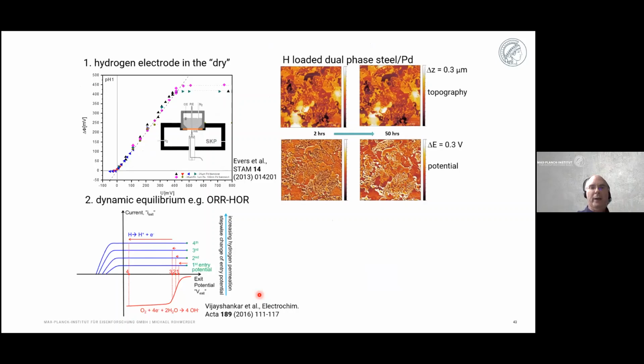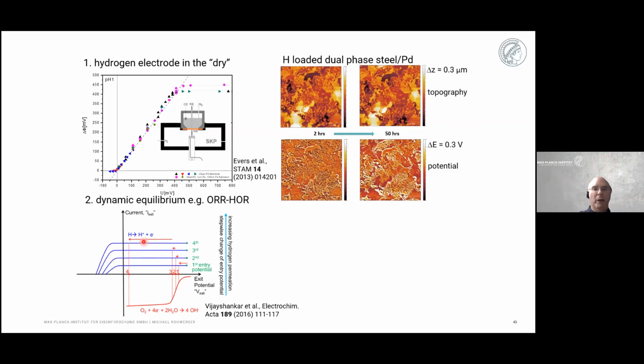The idea for that is very simple. Here is the oxide reduction curve in an interface or on a surface. Now we have a sample, and from the other side, from the back side, we apply different hydrogen uptake densities. These are the different hydrogen loading curves that you have here.